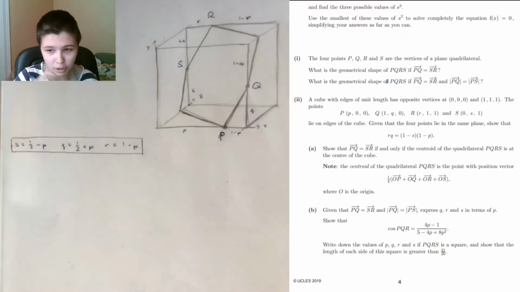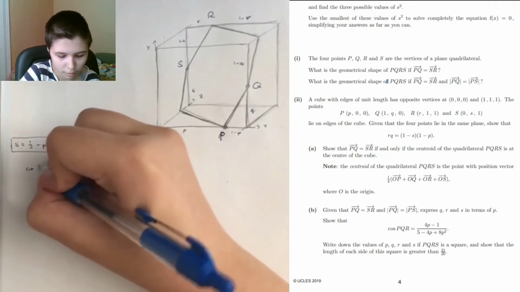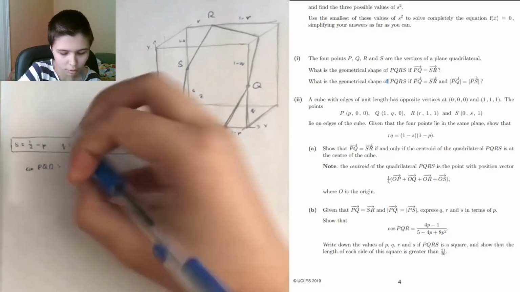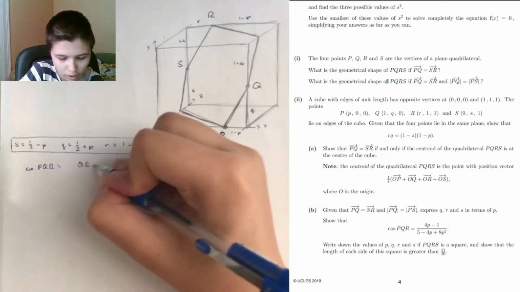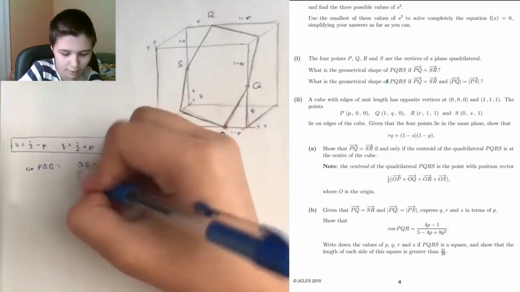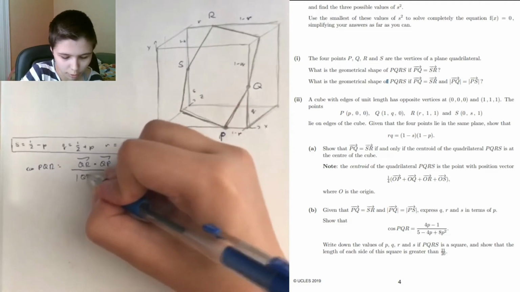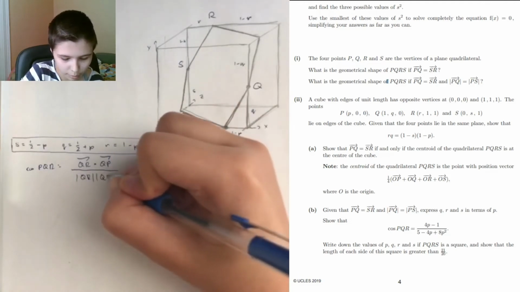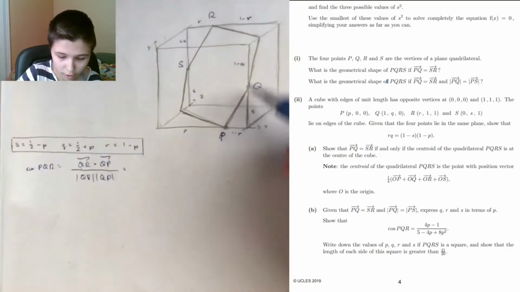When we're asked to show the value of cosine PQR, I'm just going to say that cos PQR is equal to QR dotted with QP over the absolute values of QR and QP. Let's find QR first.